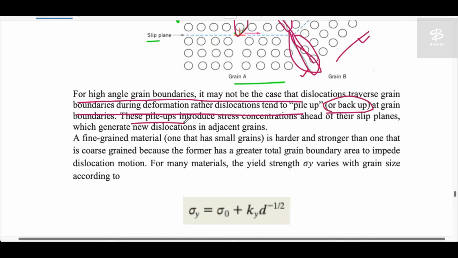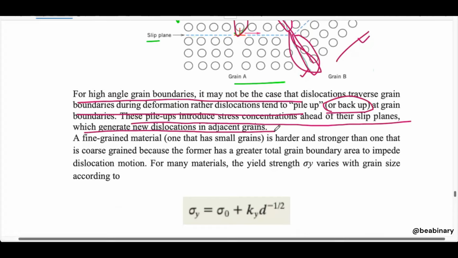The pileups introduce stress concentration ahead of their slip planes, which generates a new dislocation in an adjacent plane. What does it mean? They will act as a stress concentration. Stress concentration means the area where the stress is very high.